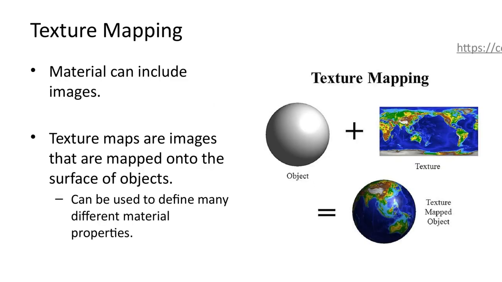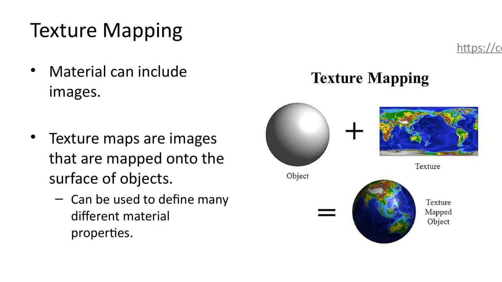Finally, materials can also make use of images. For example, the diffuse color of a material can be defined using an image. The image is then mapped onto the 3D object. The mapping follows certain rules that specify how the image wraps the object. The use of such images is not just limited to the diffuse color.